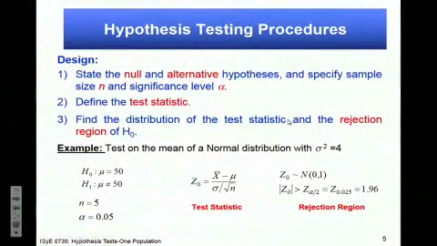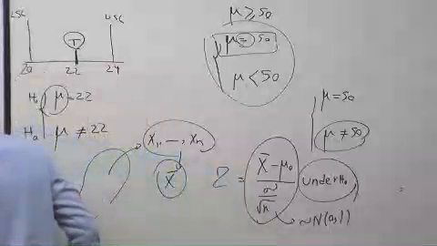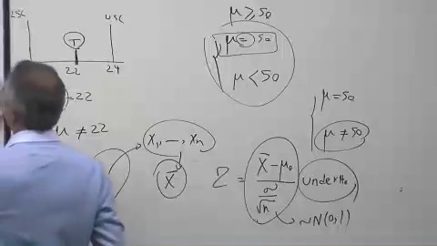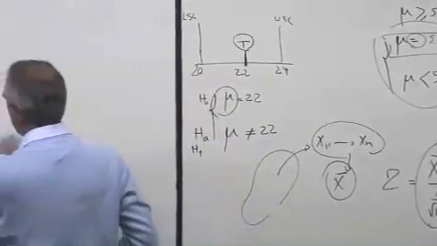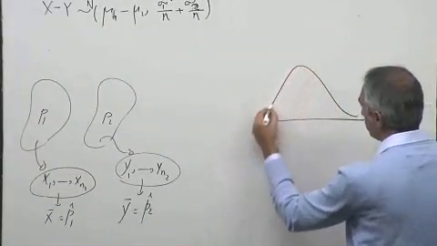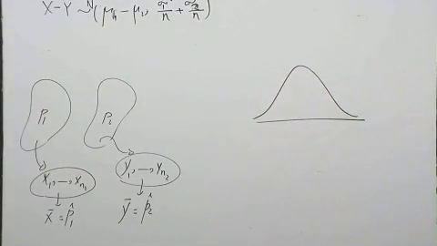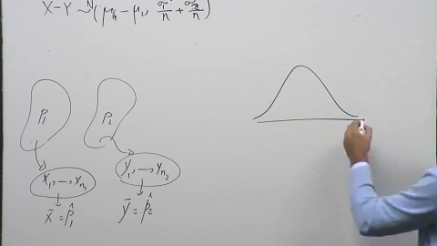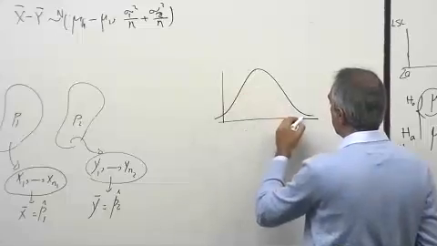Okay? And that's easy. Why? Because if mu is equal to mu 0, if this is true, then this distribution should be a standard normal. So what does it mean?